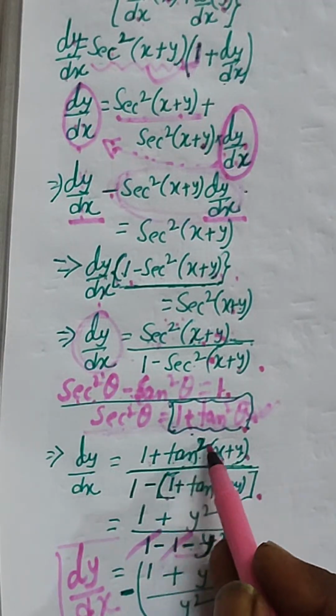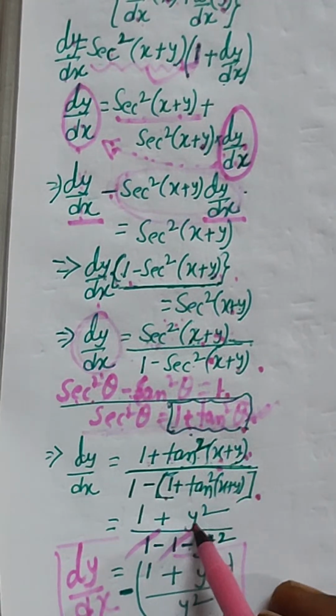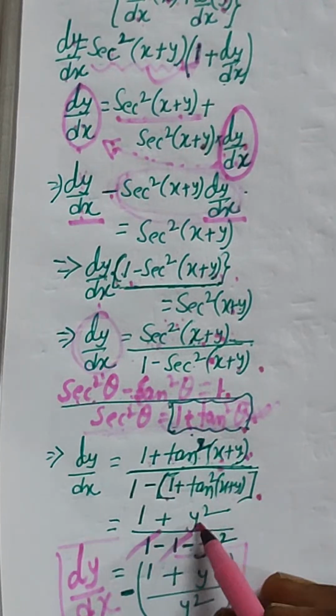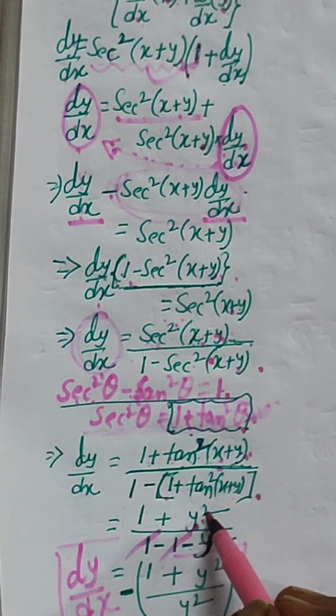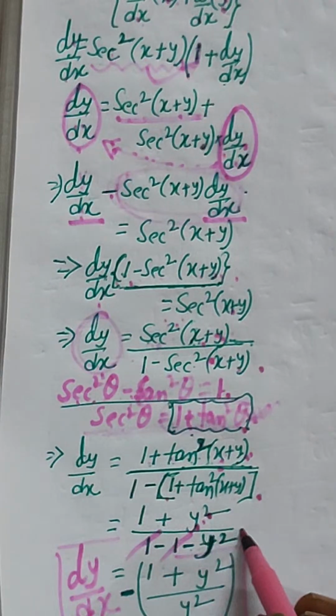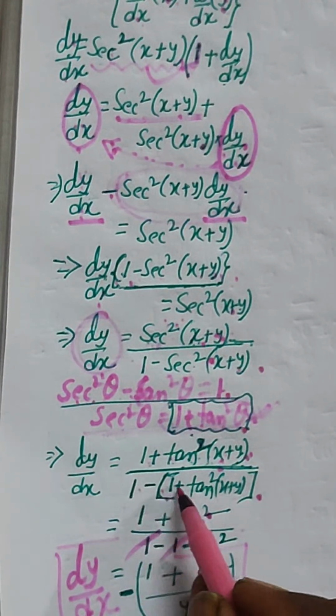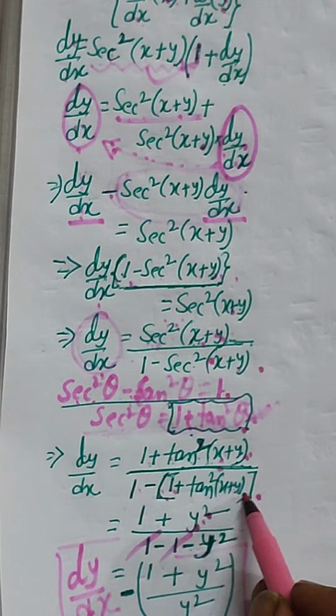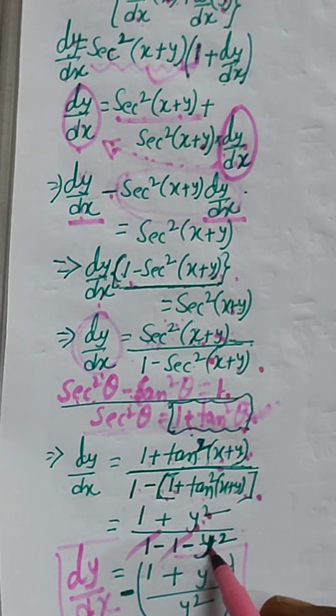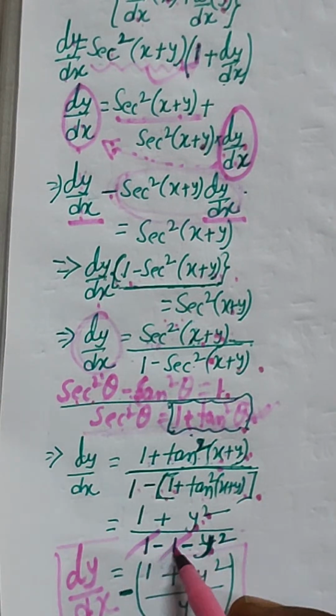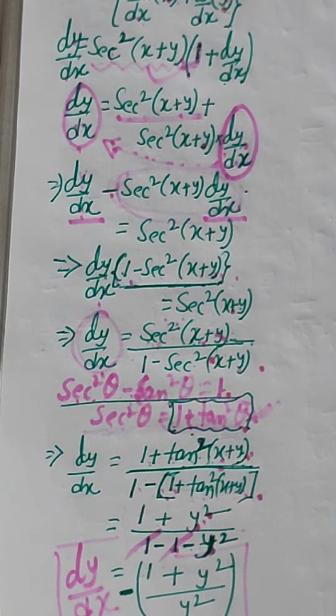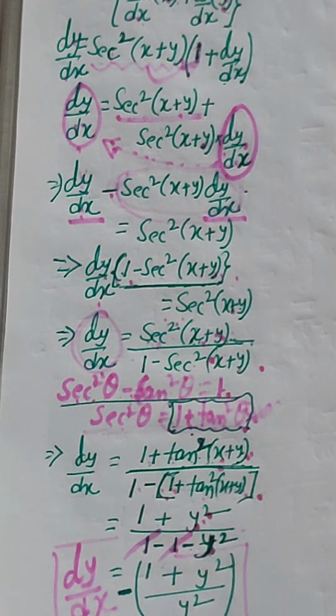So instead of tan of x plus y we have written y, and a square is already there, so 1 plus y square will be in the numerator, and in the denominator it's 1 minus 1 minus tan square x plus y. So instead of tan of x plus y, again in the denominator we have written y. And one will be cancelled out, you can see here, right? And finally we get the value of dy by dx as minus 1 plus y square by y square.